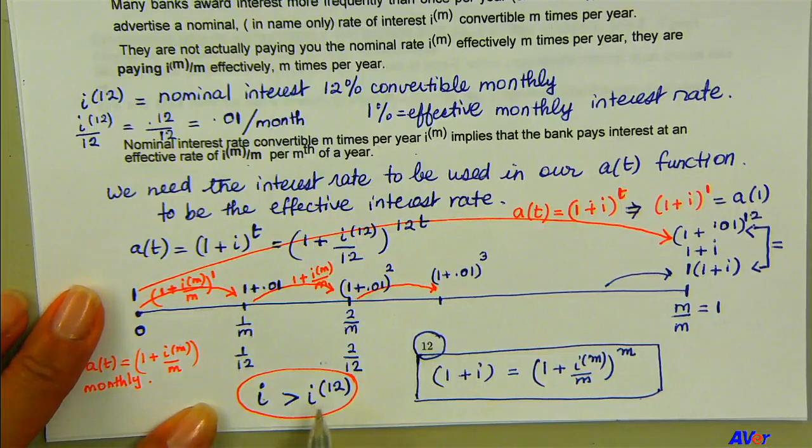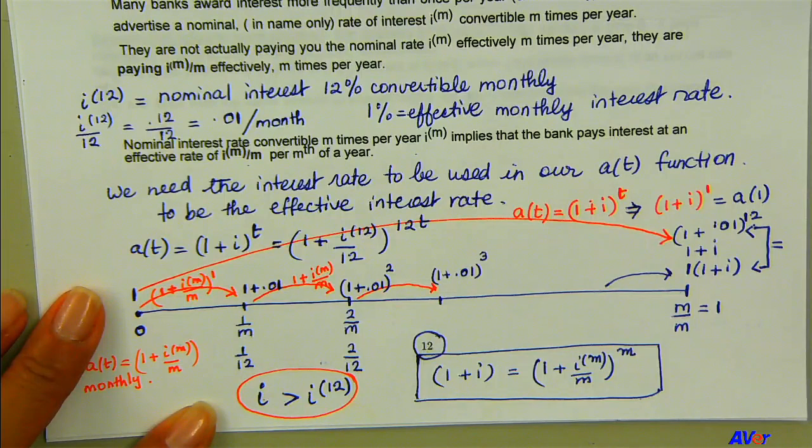This one is getting compounded every month, so you can get away with a smaller interest rate and still arrive at the same end result. Follow? Because there's much compounding going on in between. So you can get away with i12 being smaller than i and still end up with the same amount at the end of 12 months.